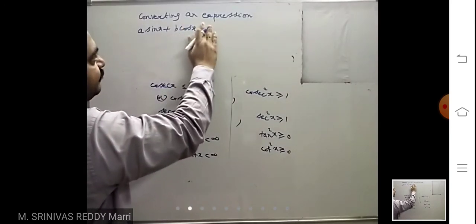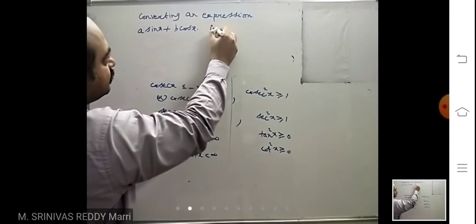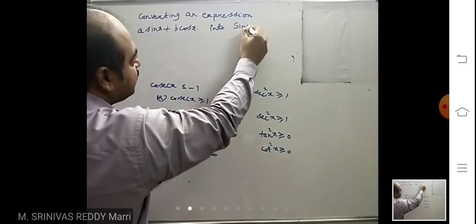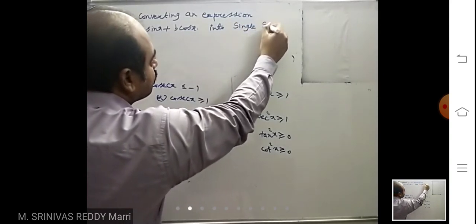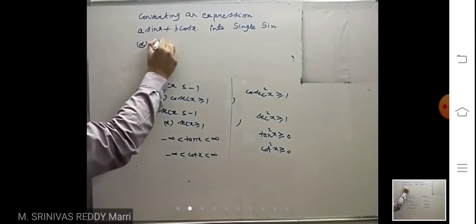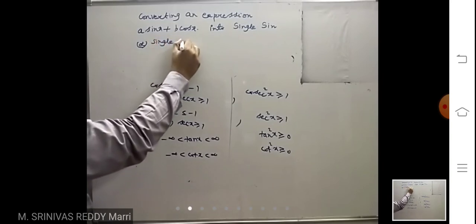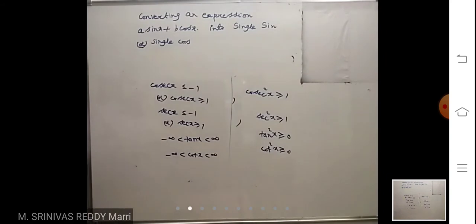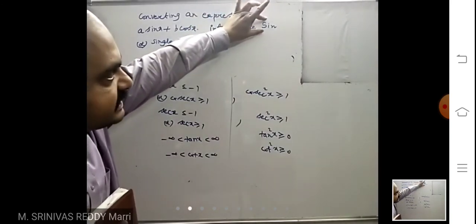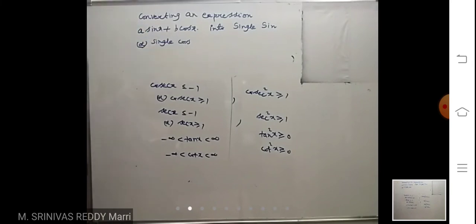A sin x plus b cos x into a single sine or single cos. Look at here. In this expression, sin x is there, cos x is there. Sin x and cos x both are involved. This expression, suppose I want to convert into only sine, or into only cos.